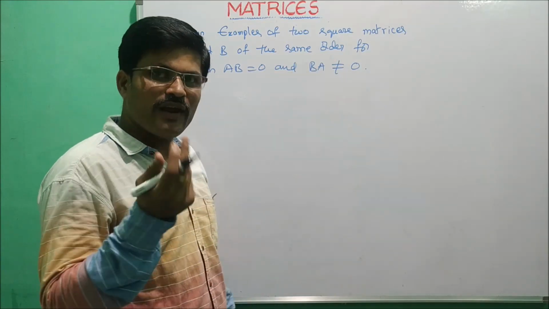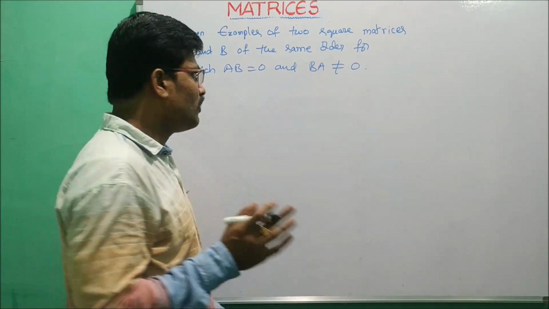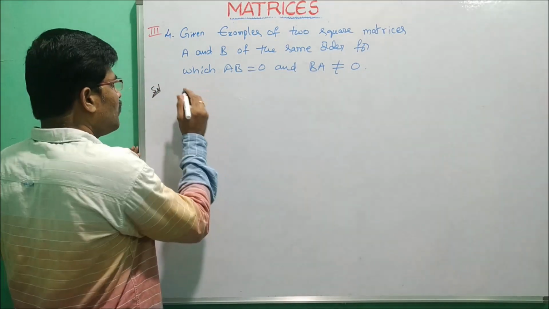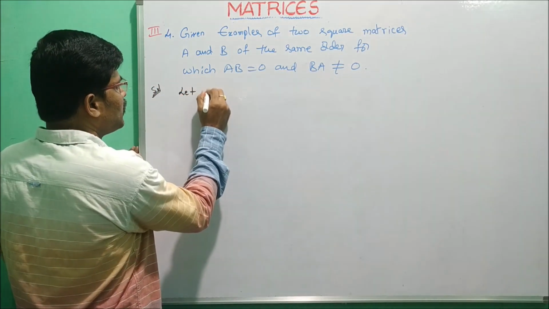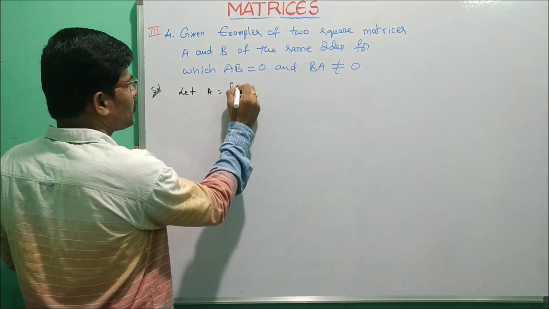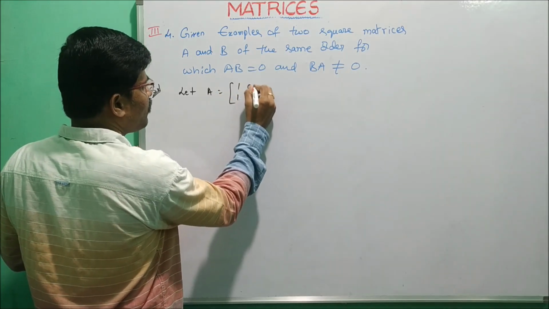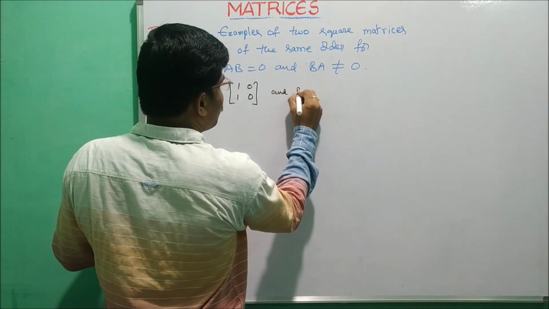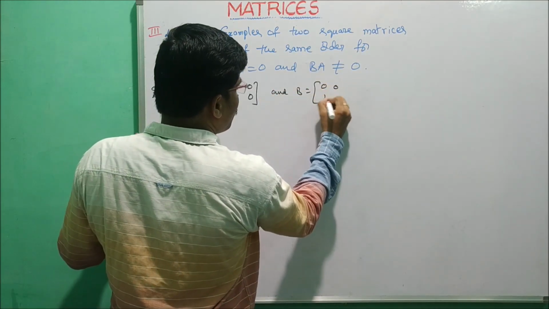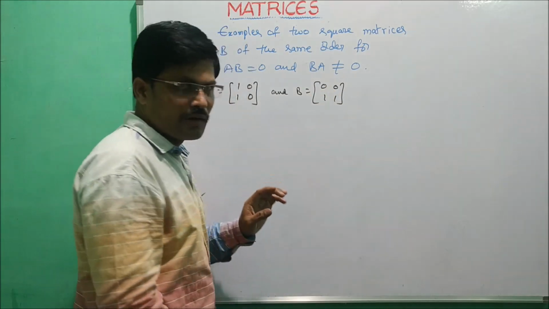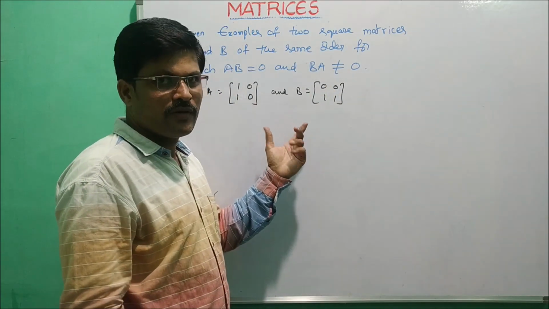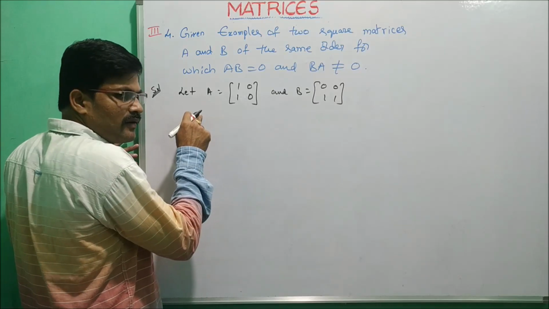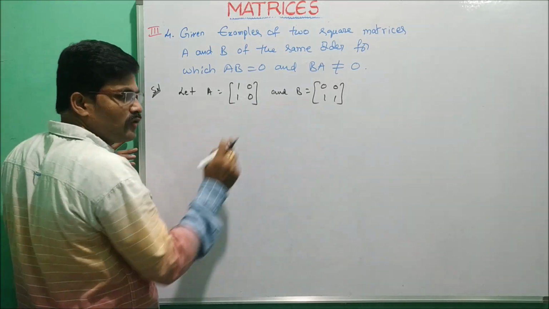Now we take any examples. First let us assume A equals the matrix 1 1 0 0, we take any order, and B equals 0 0 1 1. Not only these examples, we can take any examples, but I take only these two.